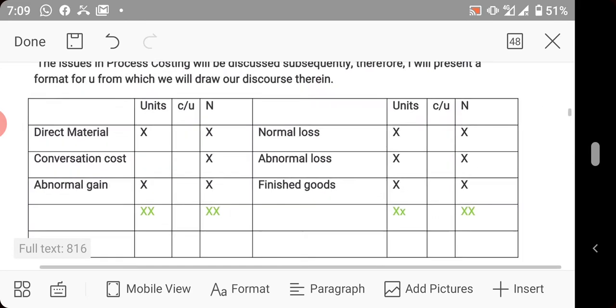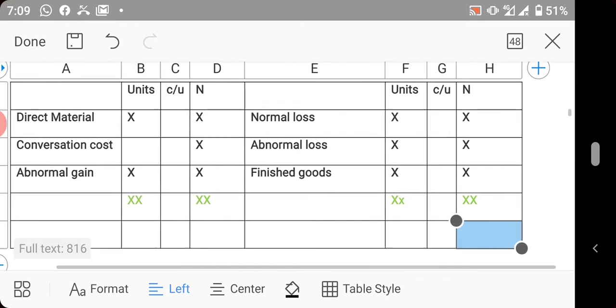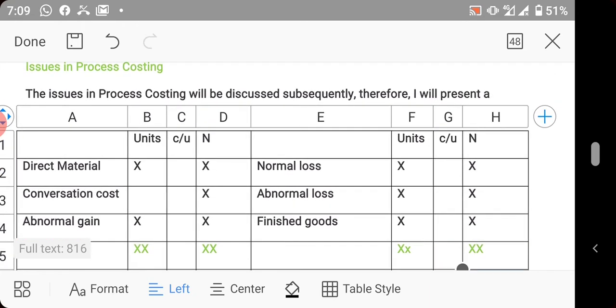This is a format of process costing. Looking at this format, you can see that it has 4 columns on the debit side and 4 columns on the credit side: detail, units, cost per unit, and naira sign on both sides.